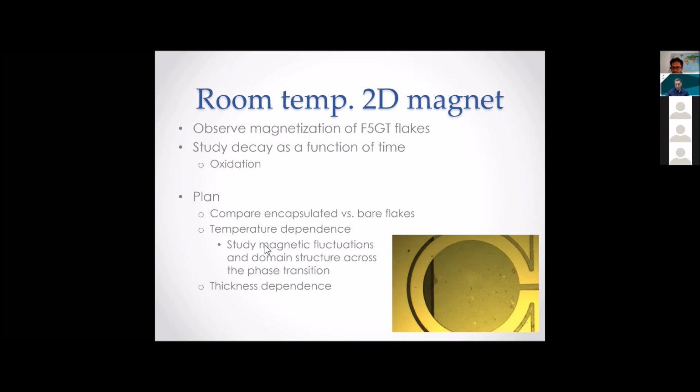For these flakes, it's not very different. And to see whether we can identify domain structure and magnetic fluctuations across this transition. Of course, we would like to continue studying the magnetization characteristics of these flakes as a function of their thickness, as well as various encapsulation techniques.